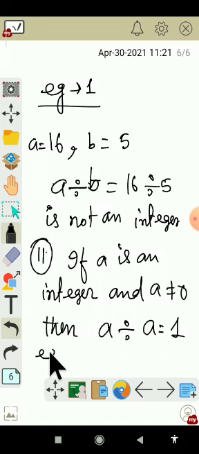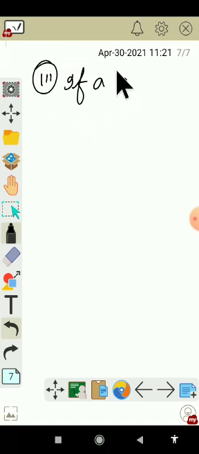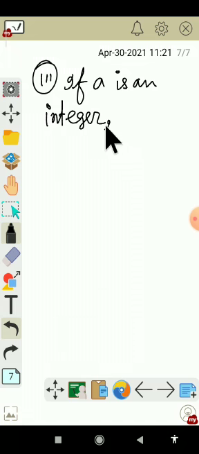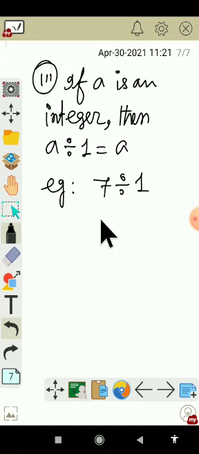Example, 5 divided by 5 always will be 1. Third property, if a is an integer, then a divided by 1 always will give that integer. Example, 7 divided by 1 always will give us 7.